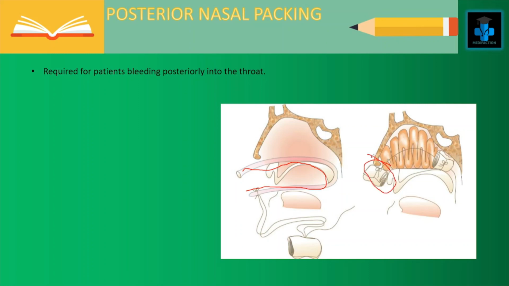And also, it will be tied over a dental roll. The third silk is cut short and allowed to hang into the oropharynx. As you can see right here, it is cut and it is hung on the posterior aspect.